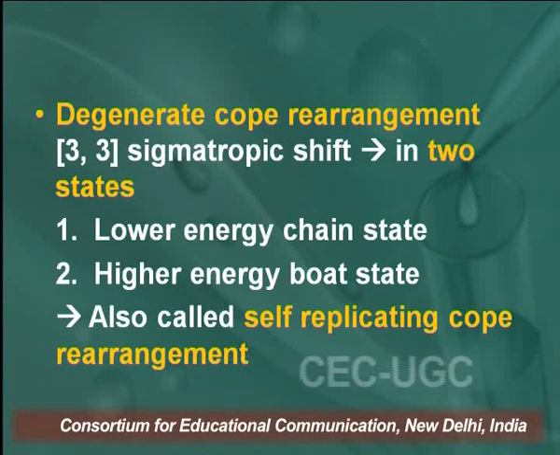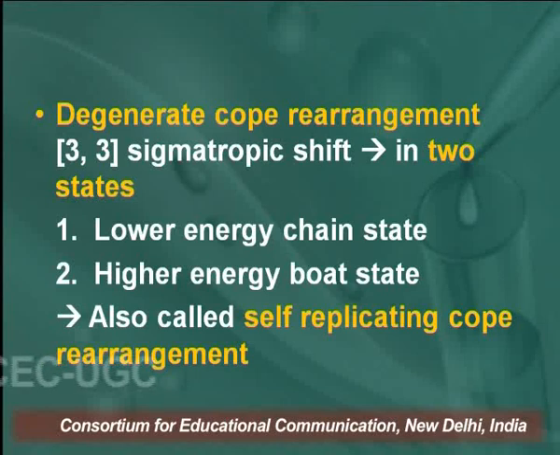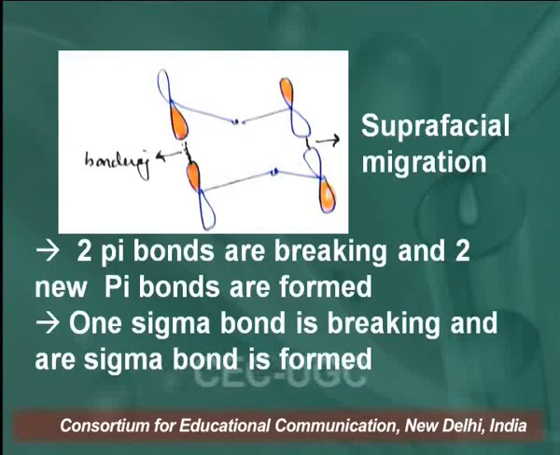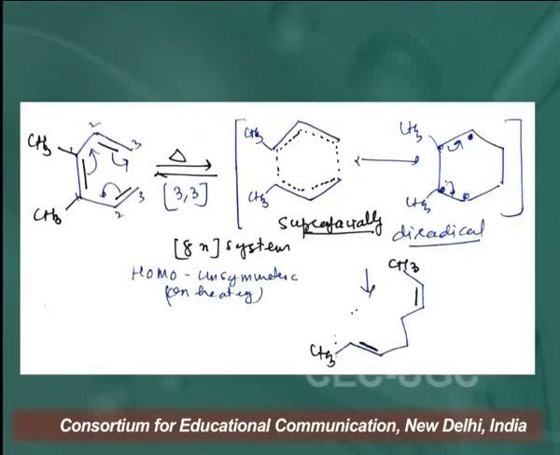So this reaction is also called a self-replicating Cope rearrangement reaction, right? Here the mode of interaction is suprafacial, where both the HOMO and LUMO migrate on the same face. The allylic carbon groups having p orbitals migrate on the same face. So two pi bonds are breaking, two new pi bonds are formed, and similarly one sigma bond is breaking and one sigma bond is formed during the reaction.